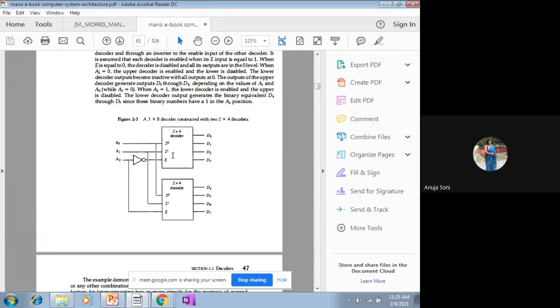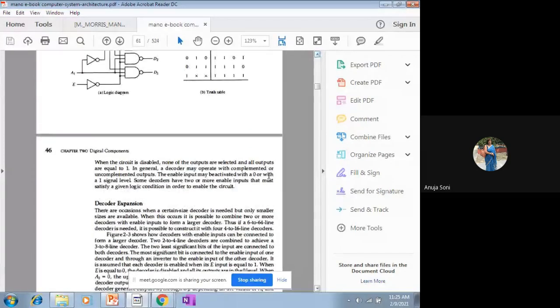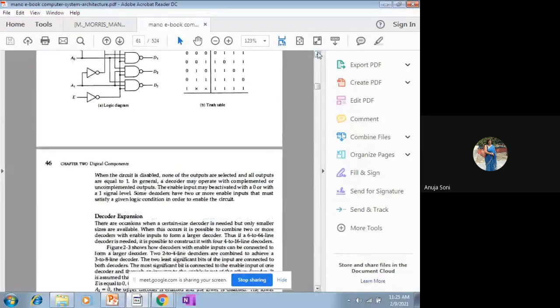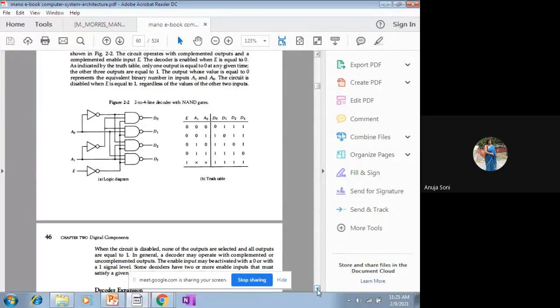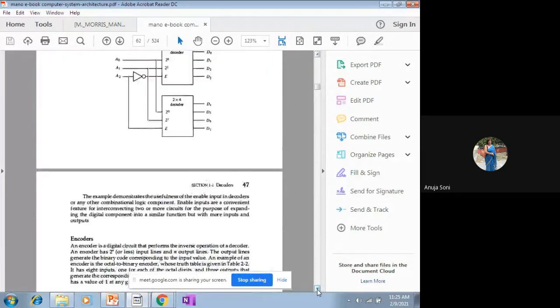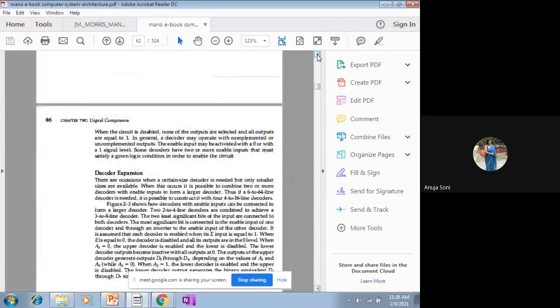So this way it will be treated as the 3 to 8 decoder, which is composed of 2:4 size decoders, and its behavior is exhibited by the truth table. Though I have explained the same concept in detail in the previous recorded lecture, just refer to its truth table that basically exhibits how it is going to work.